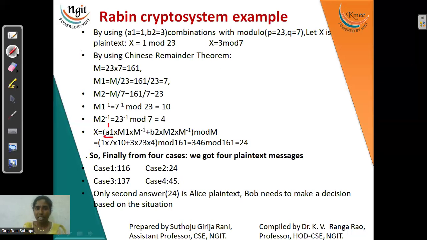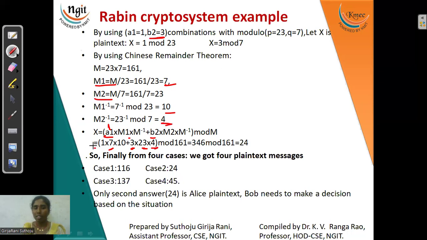A1 is 1, right? M1 we have just calculated as 7, and M1 inverse is 10, right? So 10. Next, B2. B2 is 3 from the previous one, so I took 3. Next, 23 is M2 and its inverse is 4.